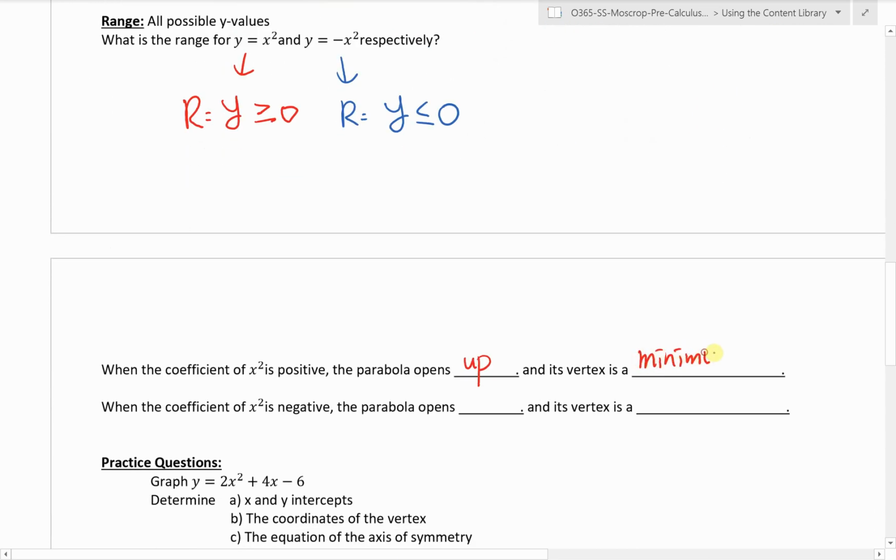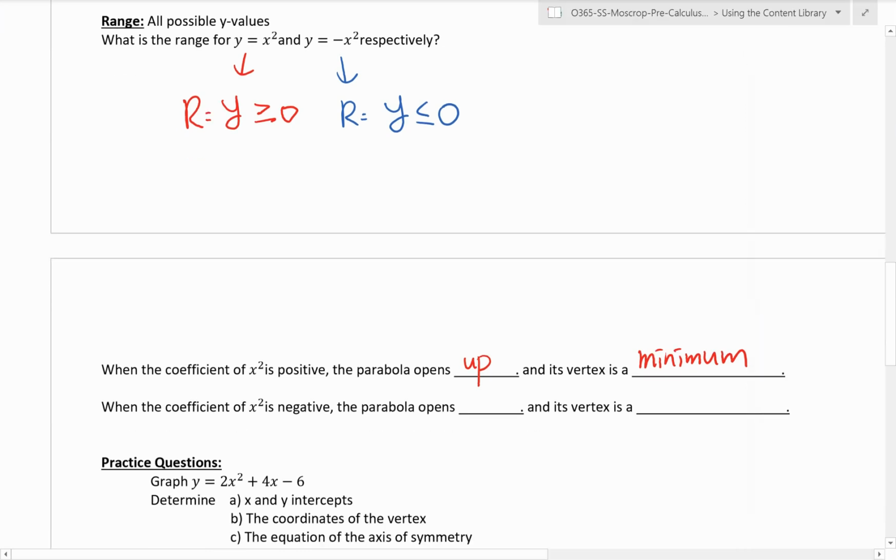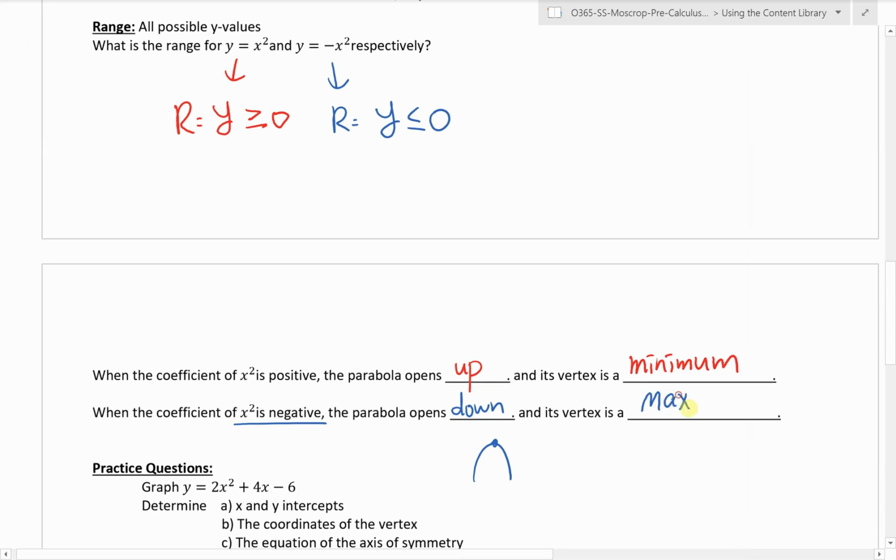Whereas for the blue graph, when the coefficient of x squared is negative, the parabola opens downwards. It opens down, and if it opens down, it looks like this, right? Therefore, we have a maximum. So the vertex is a maximum. Okay, hopefully that makes sense to you.